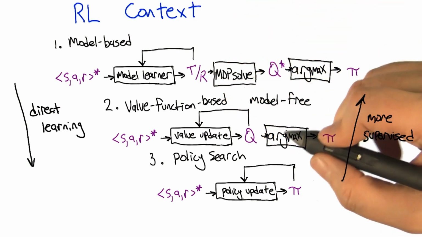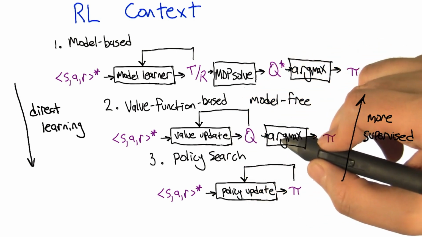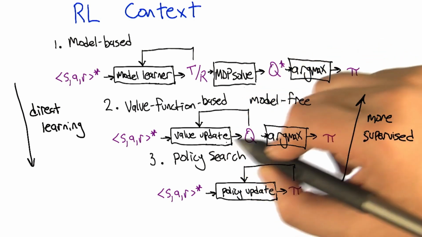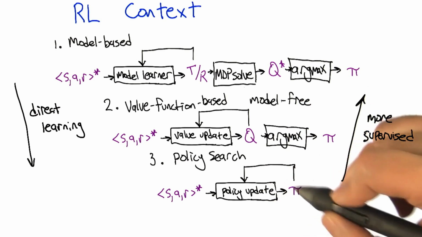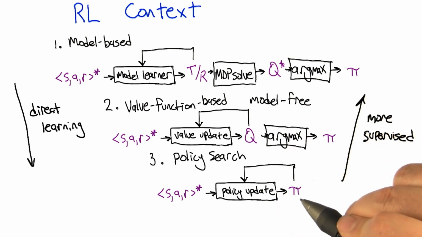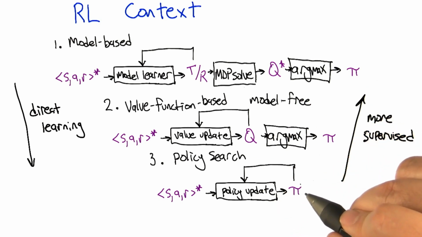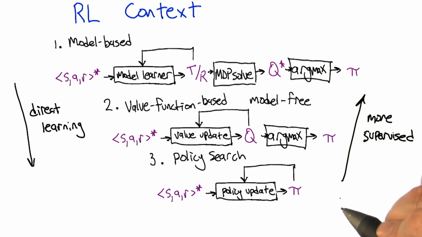It's basically a supervised learning problem. You get to see what the output's supposed to be. Here, you don't quite get to see what the output's supposed to be, but you do get values that you could imagine kind of propagating backwards. And here you get very little useful feedback in terms of how to change your policy to make it better.